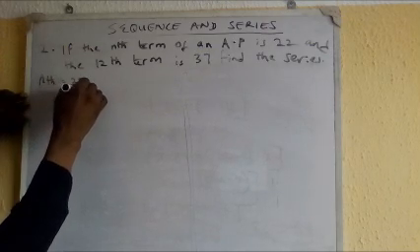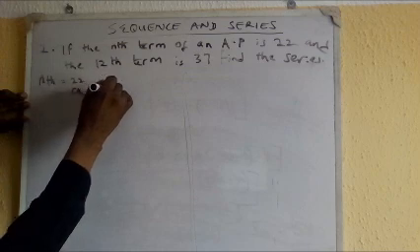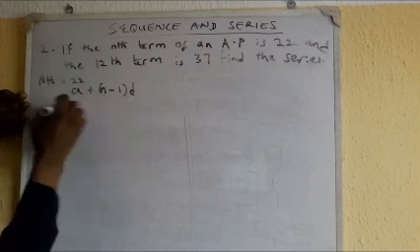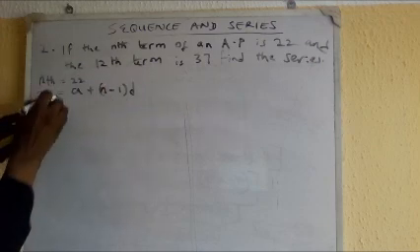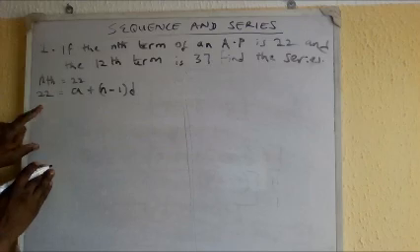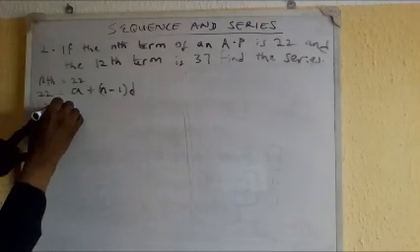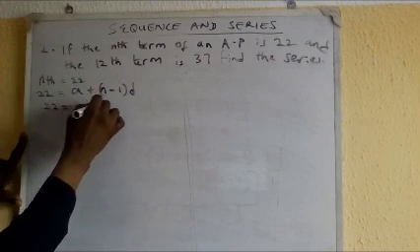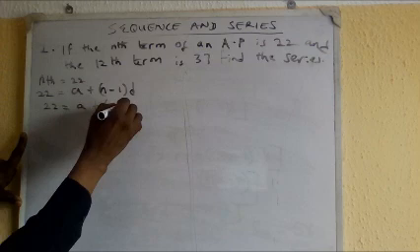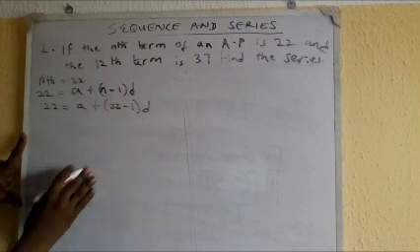The nth term formula is a plus n minus 1, then d. So if the nth term is 22, then 22 is equal to a. I don't know a, but I know n as 22, minus 1. I don't know d.